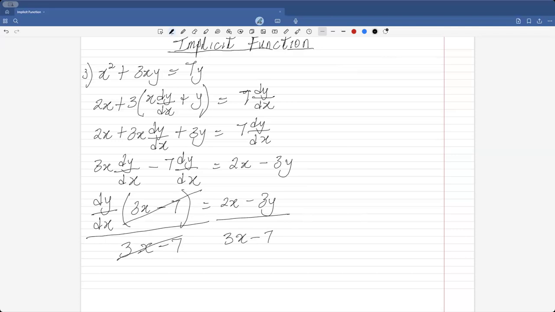This cancels this out. So we are left with dy/dx equals 2x minus 3y over 3x minus 7. And this is our final answer at this point.